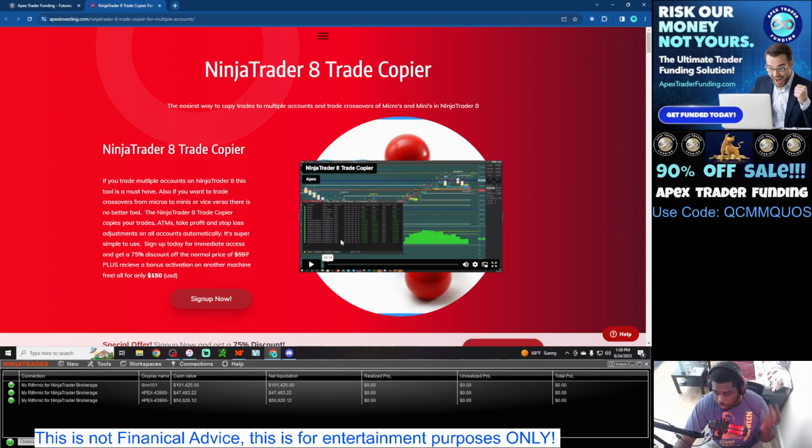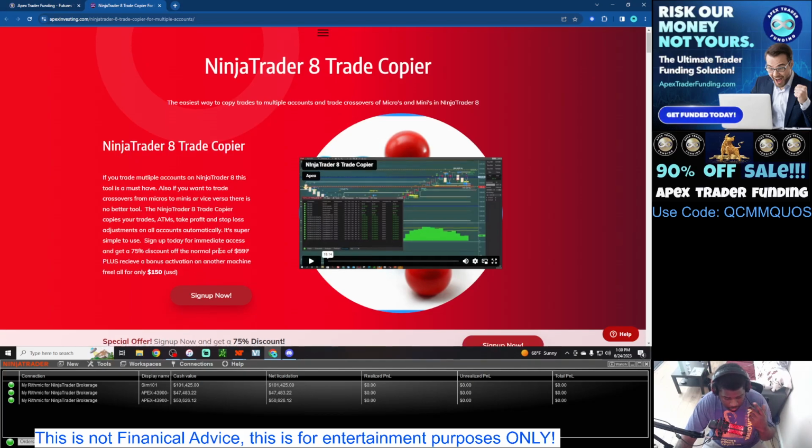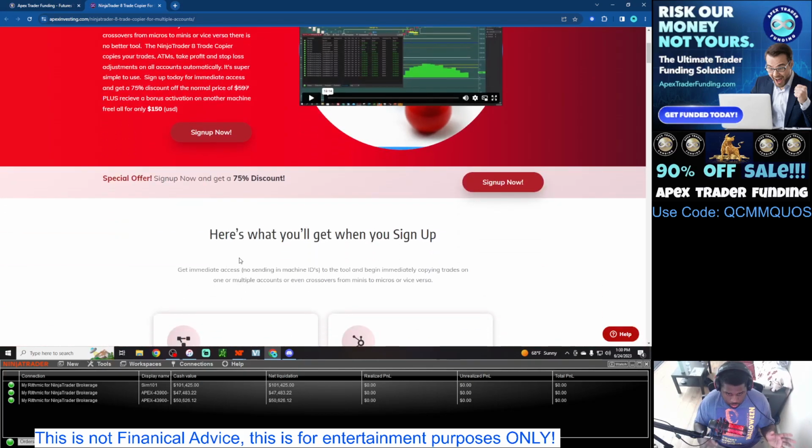They have a trade copier. There are other platforms that have their own trade copiers, but NinjaTrader allows you to purchase their trade copier for $150, and it allows you to trade all those accounts all at once, so that say if you have 10 accounts and you're trading and you have the setup that you need, and you made $1,000.